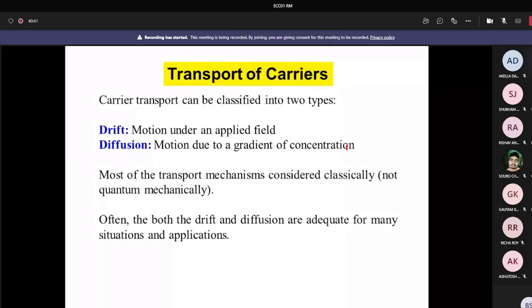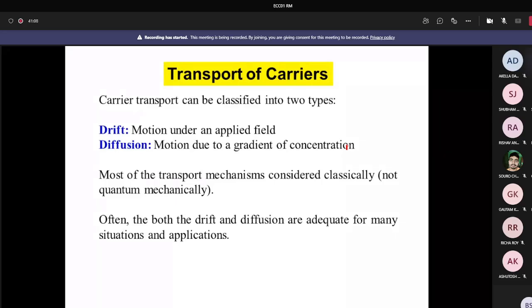Now, if the carriers are not moving, there will be no current flow. So we need to know how the carriers move across your semiconductors. That is basically the transport of carriers, whether holes or electrons.